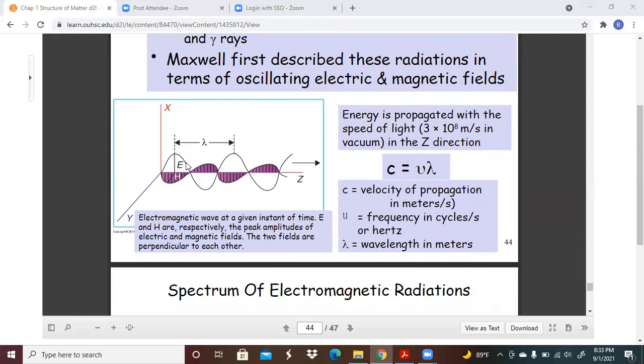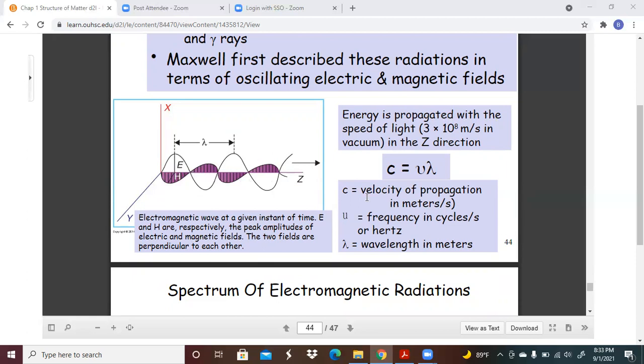So here is an example of that. You've got an electromagnetic wave at a given instant of time. E and H are respectively the peak amplitudes of the electric and the magnetic fields. The two fields are perpendicular to each other. So energy is propagated with the speed of light in the z direction.